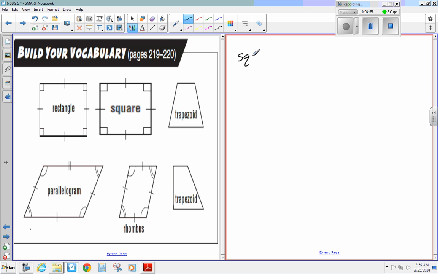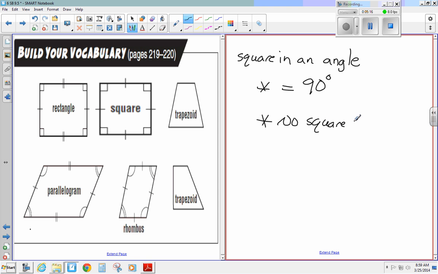A square in an angle equals 90 degrees. Technically, no square, not 90. If there's no square there, then you cannot assume that it's 90, even if it looks like it is.